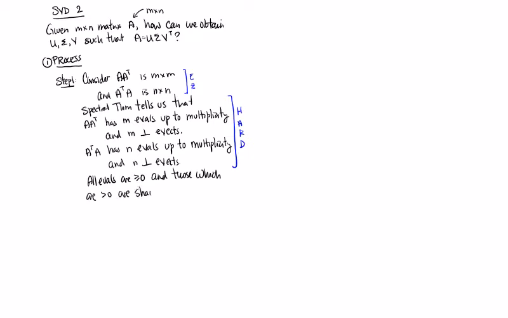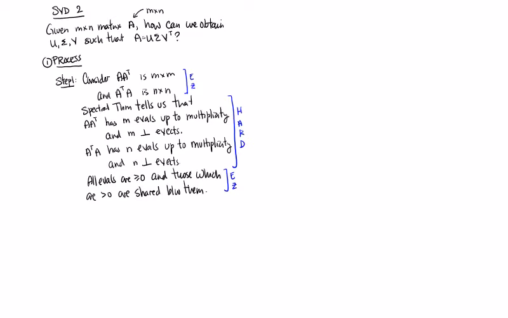By shared, we mean, for example, if A A transpose has an eigenvalue of 3, then so does A transpose A. If A A transpose has an eigenvalue of 2.7, then so does A transpose A. Now, A A transpose may have an eigenvalue of 0, and A transpose A may not. So they may not share 0. But neither of them has an eigenvalue of, say, negative 10. These two facts are easy to show too. Those are in the text. You're welcome to look or ask me.